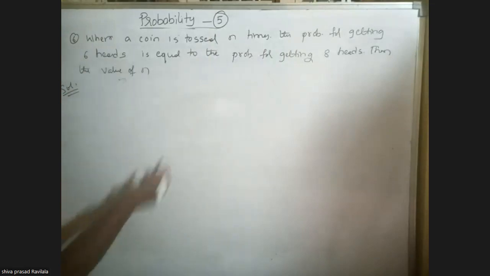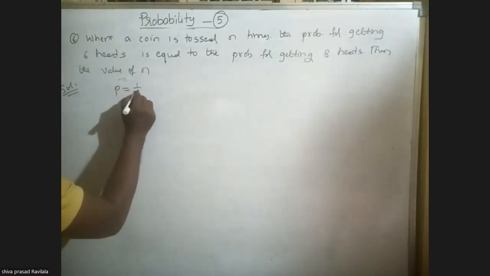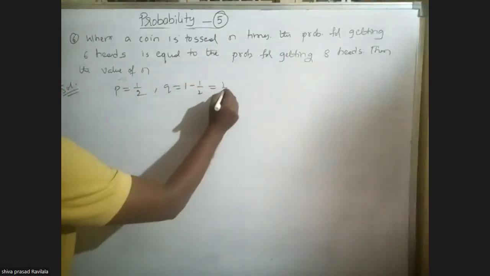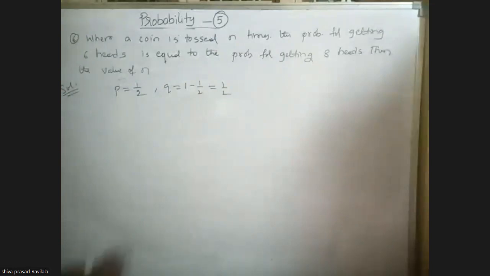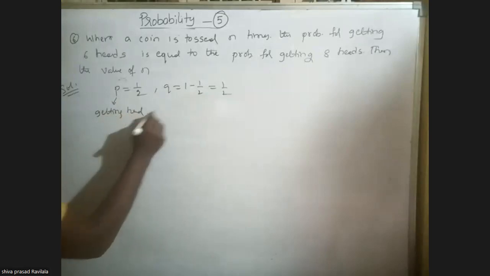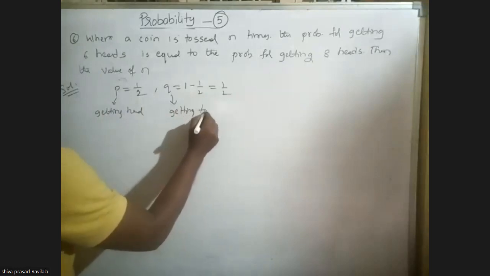Observe here, in this condition, the probability of head or tail, whatever it may be, P is equal to success cases, 1 by 2. And Q is equal to 1 minus 1 by 2, getting tail, which is also 1 by 2. P is getting head and Q is getting tail.